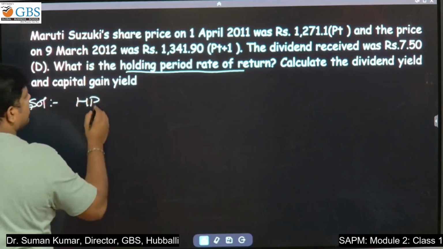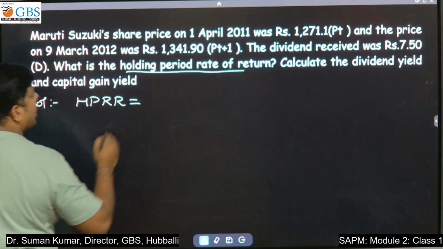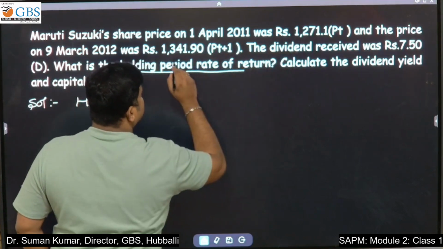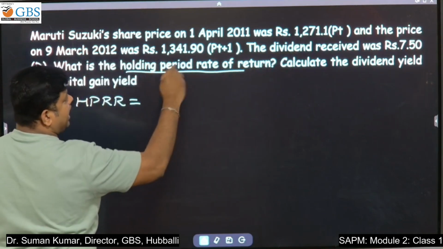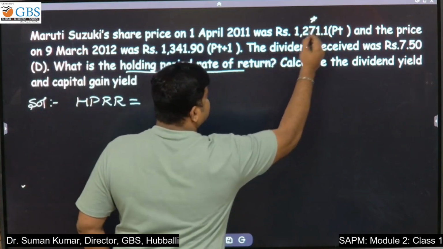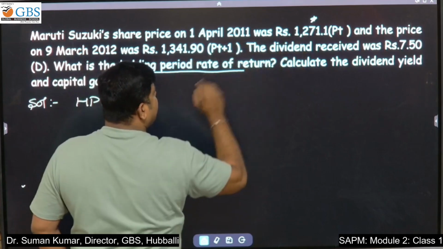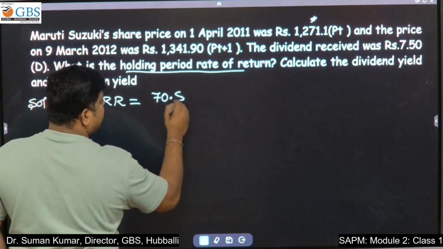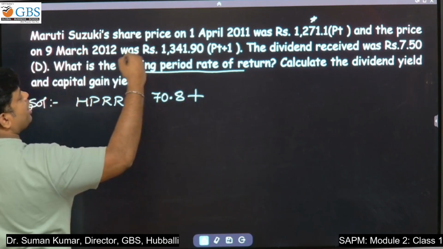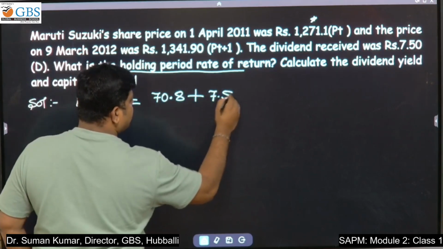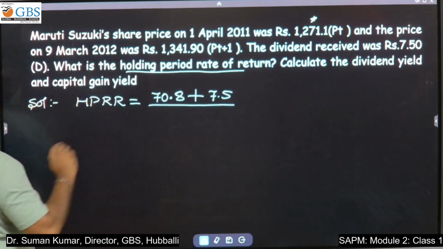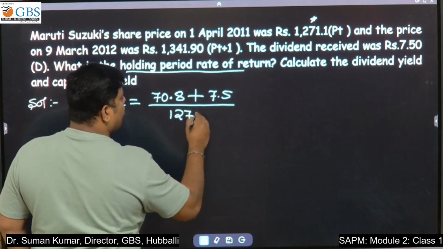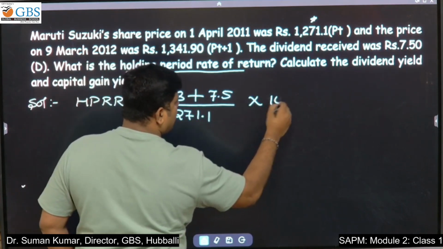Holding period rate of return, HPRR, is equal to the capital gain. What is the difference between these two prices? 1,341.90, the price was this and it became this, so we need to take the difference. That is 70.8, plus the dividend we got, 7.5, whole divided by the purchase price, the previous price, 1,271.1, into 100.